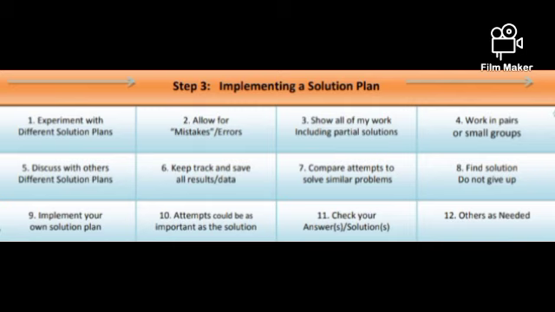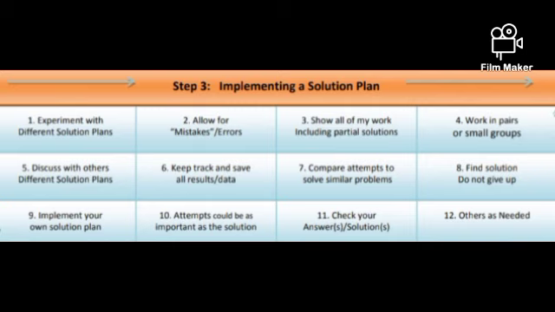9. Implement your own solution. If you have an original plan of your own, a strategy that is different, and as we mentioned in step 2, you may use a common strategy or a different strategy, and this different strategy may be your invention, a product of your creativity and resourcefulness.